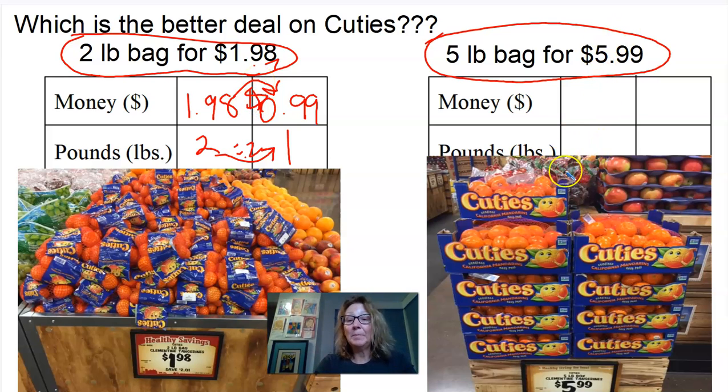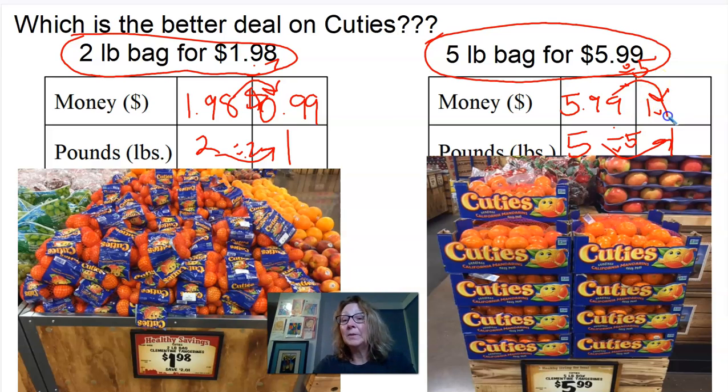And then the other package has 5 pounds for $5.99. I want to know how much it costs for 1 pound, so I divide by 5, and I divide the top number by 5, right? We're just creating an equivalent ratio. And when I do that, I get 1.198, which rounds.